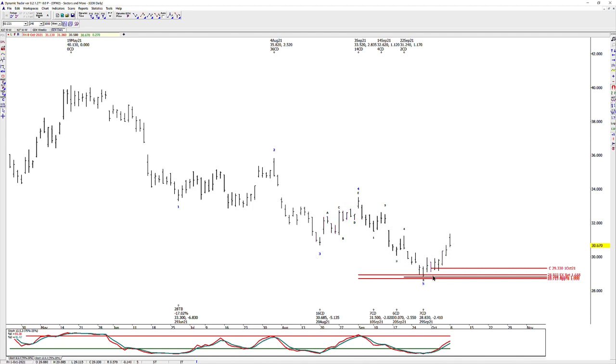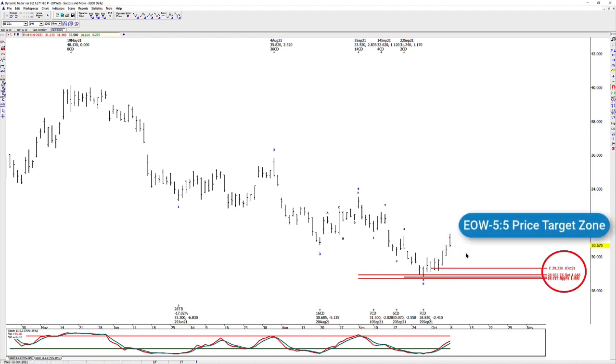This is the 100% alternate price projection of the wave 3. So we have really strong price support zone based on the end of wave 5 price target zones. So great setup. Okay, let's see what the market does for us as we add some data.